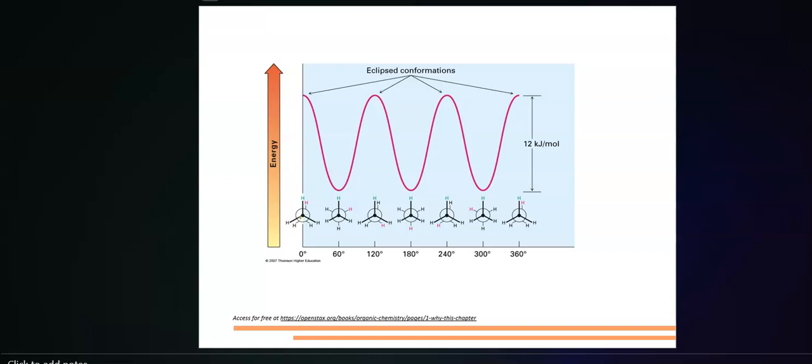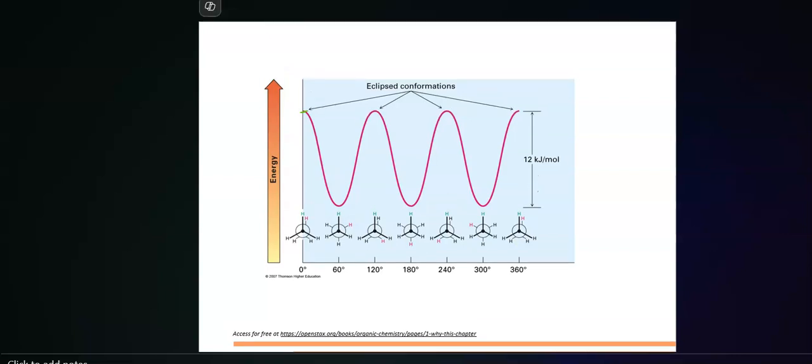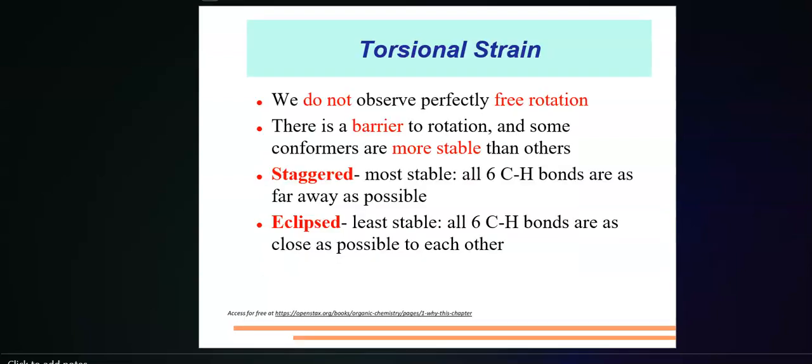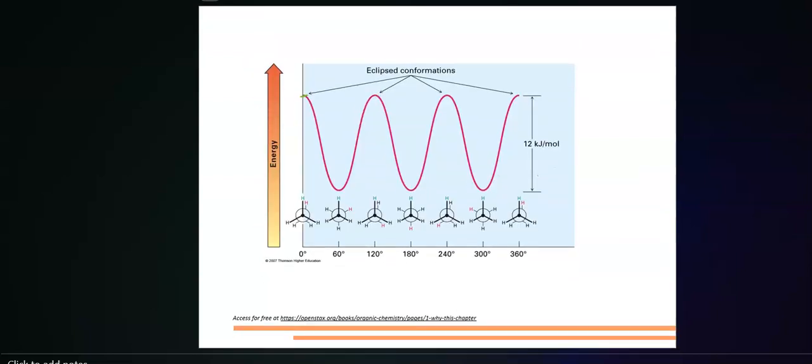This is the eclipsed, at a higher energy position, then we come to staggered, at a lower energy, then again eclipsed, energy increases, staggered, the energy decreases, and so on. You can see that the difference in energy between the eclipsed and the staggered is 12 kilojoules per mole, and the reason is the interaction of hydrogen atoms.